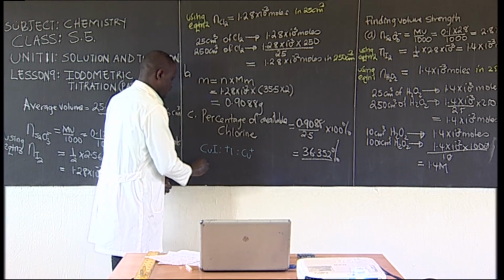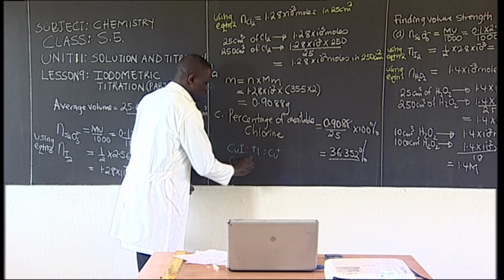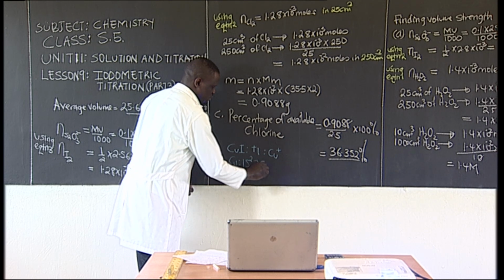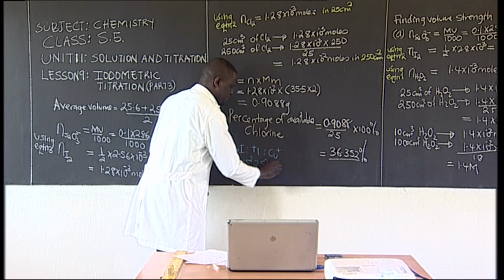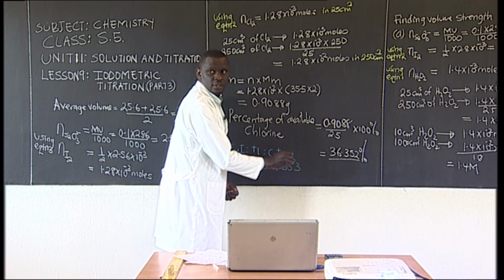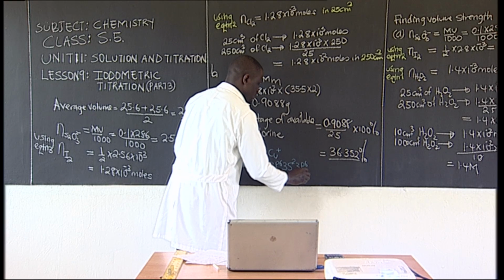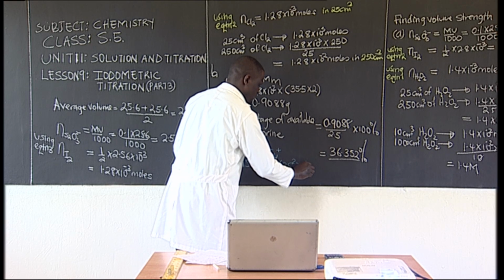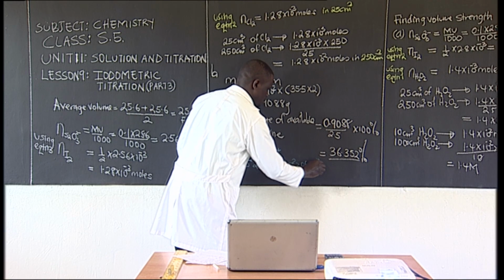We first write the electron configuration of copper, which is 1s2, 2s2, 2p6, 3s2, 3p6, then we go to 4s2 and 3d.